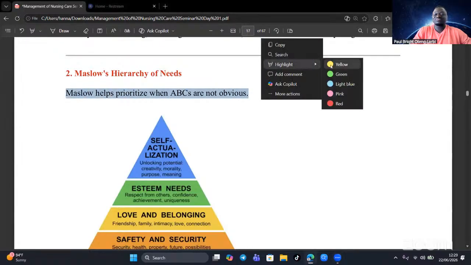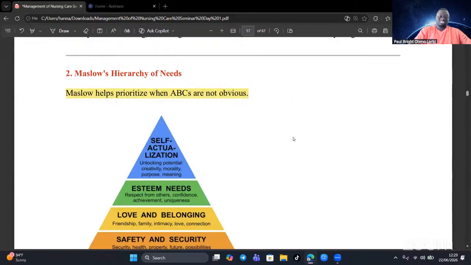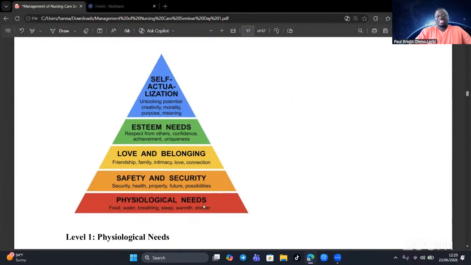I'll highlight this for you. When ABCD are not obvious, look at the needs. We have the physiological, safety, love and belongingness, esteem needs, and self-actualization. Physiological needs are the needs that will make us survive. It is a continuation of the ABCD. The ABCD is also a physiological need, but it comes before the other physiological needs.